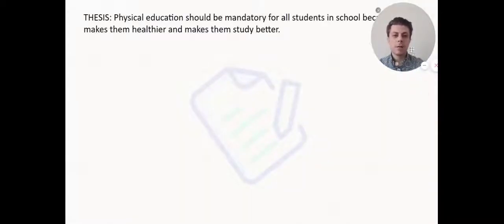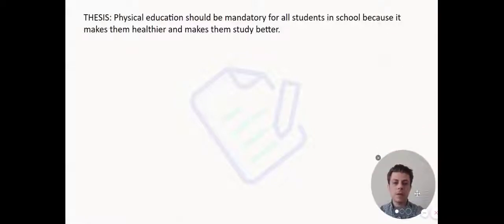Let's consider the following thesis statement for an argumentative essay. Physical education should be mandatory for all students in school because it makes them healthier and makes them study better.